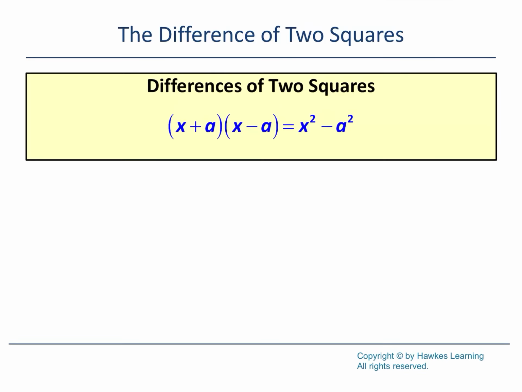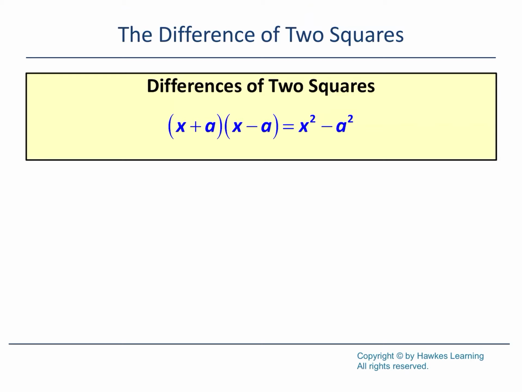Okay, so here's kind of the general formula for what it looks like when you have the difference of squares. And if you worked this out in a box or with distributing using the FOIL method, this is what you get. But we don't have to work it out every time with the long way if we recognize what we have.